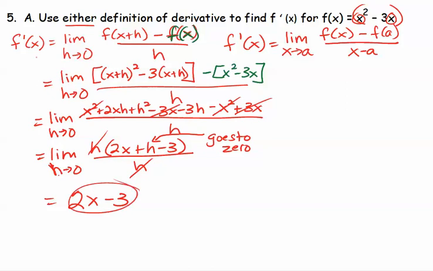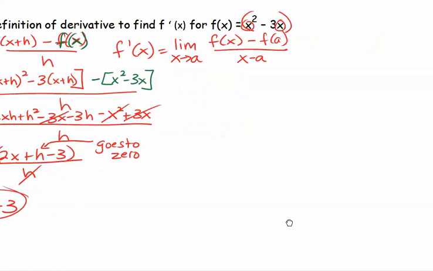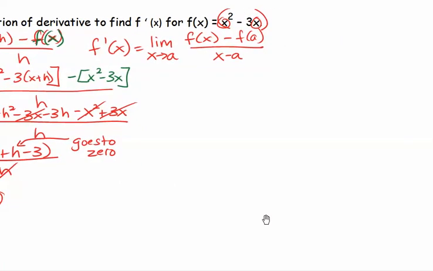All right, let's see if we get the same thing using the other difference quotient. The only difference is we're going to be working in terms of letting x go to a. So our first step is to do f of x. Again, that's exactly the way the function was given, f of x. And then we're to do f of a.